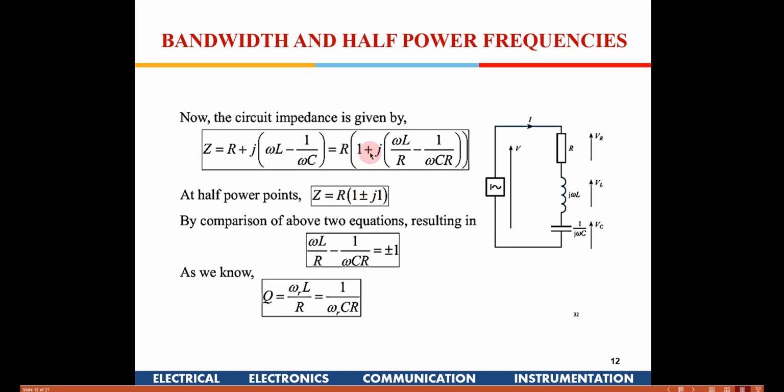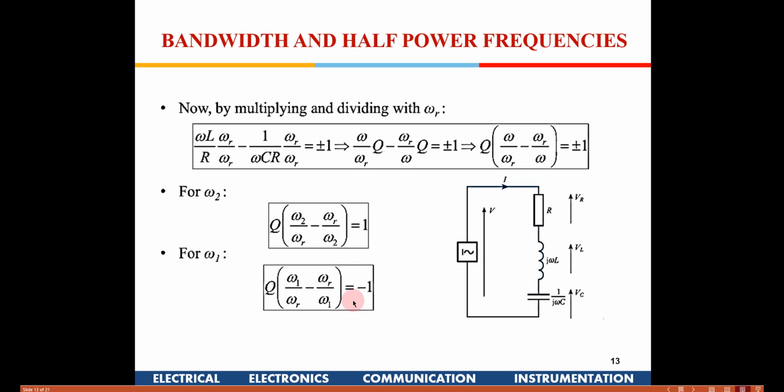If you compare these two, then you can write that L omega over R minus 1 by C omega R is plus minus 1. So this whole term is plus minus 1. Again we know the value of Q, omega r L by R, or we can substitute these values also. If we put those values here, we can compute the values of omega 2 and omega 1.